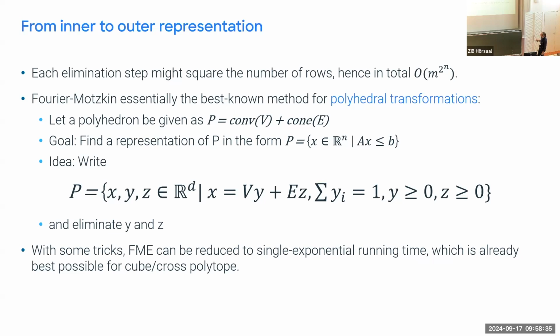And then I have these auxiliary variables Y and Z. Fourier-Motzkin elimination simply helps me to get rid of these Y, Z variables and represent everything in the X space, which will then just be the outer representation. This is actually a hard problem, and Fourier-Motzkin elimination is one of the best methods to do this. No?